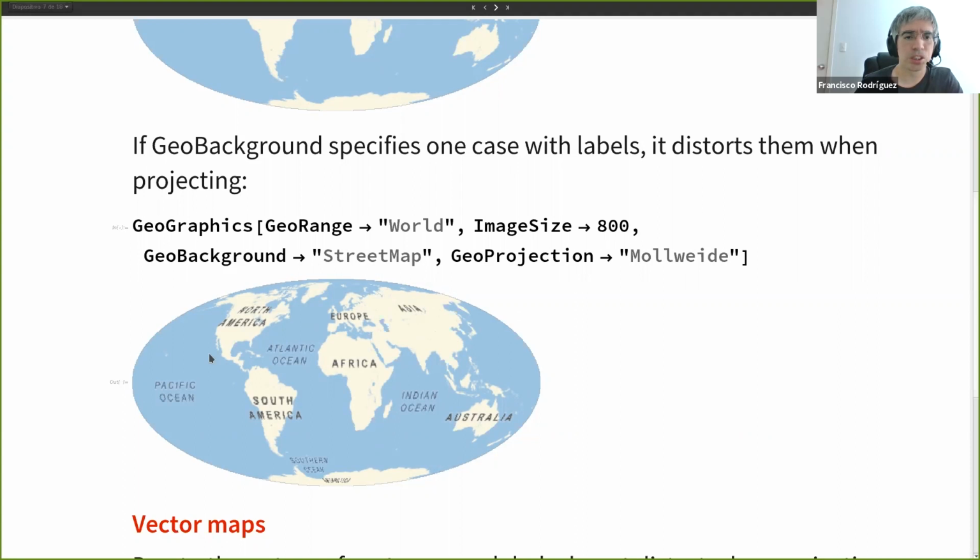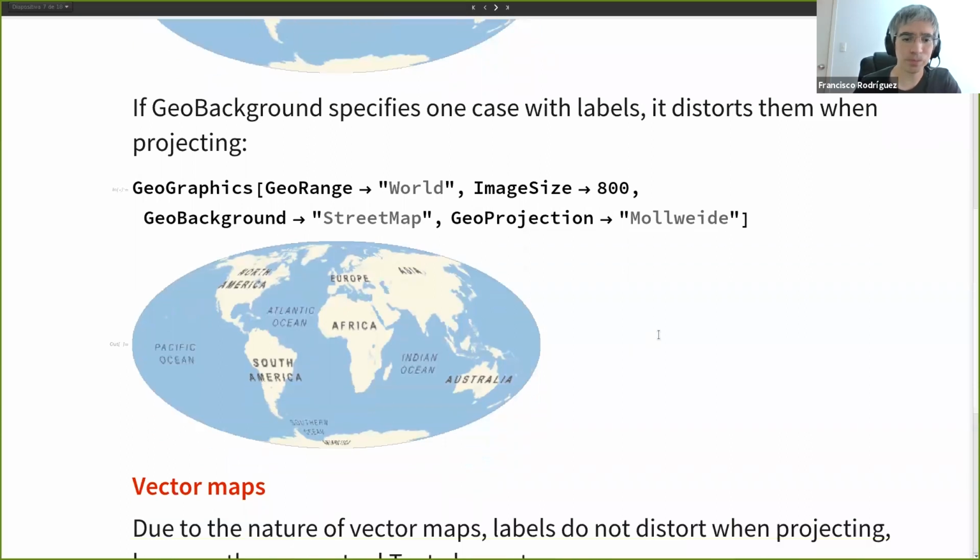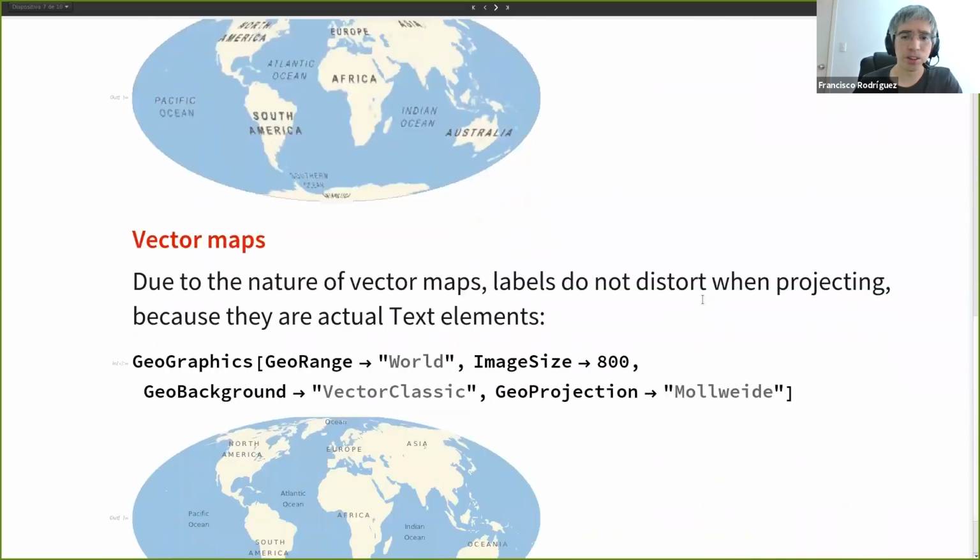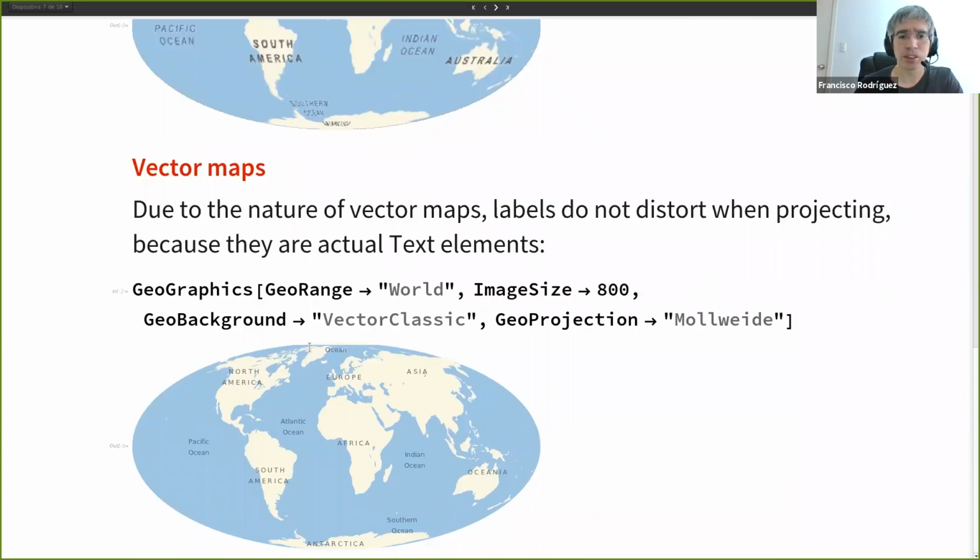And that's because of the change of the coordinates and how we project the whole Earth map. Now with vector map, we can ask for the projection, and using this new GeoBackground Vector Classic, it will show very nicely all the labels without any issues, because they are added as actual primitives. So these are text elements in this graphics box.